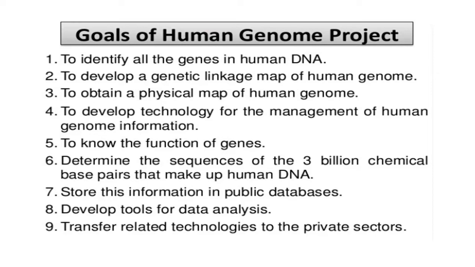Number 5, to know the function of genes. Number 6, determine the sequences of the 3 billion chemical base pairs that make up human DNA. Number 7, store this information in public databases. Number 8, develop tools for data analysis. And last, transfer related technologies to the private sector.